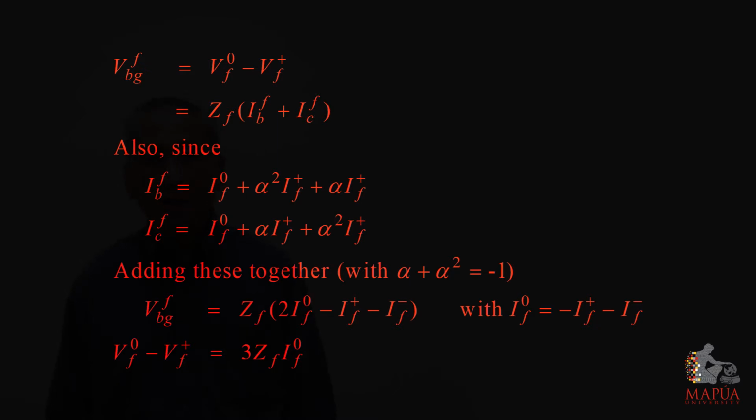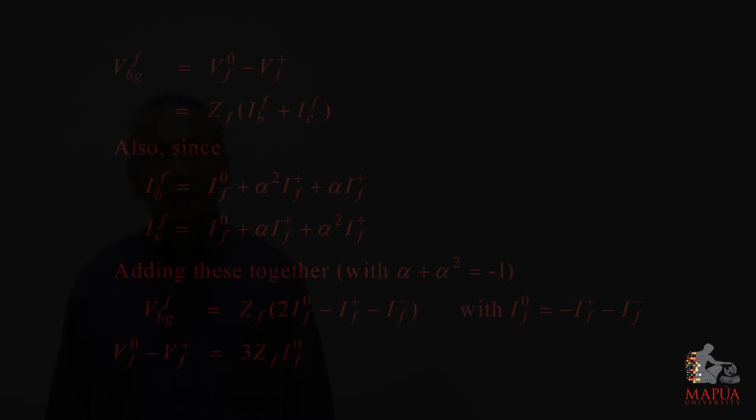Thus, we can say that 3ZF multiplied by the IF fault current of the zero sequence network is equal to the difference between the voltage of the zero sequence network and the positive sequence network. So the interconnection will be shown in this diagram.